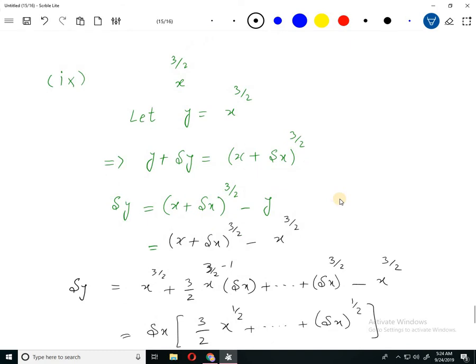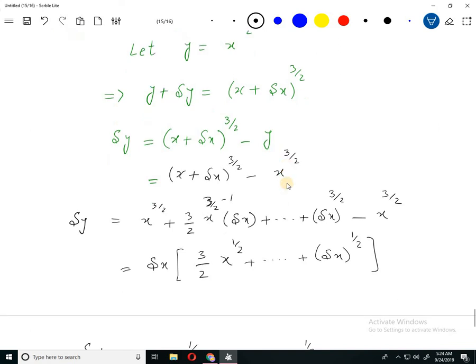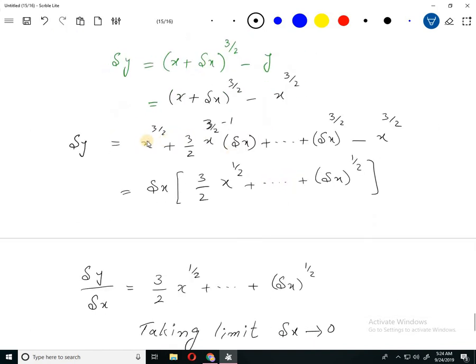This is the next question, which is the ninth part of question 1. Again, let y equal the whole function, taking increment on both sides, y plus delta y equals (x plus delta x) raised to power 3 by 2. Then delta y becomes this one, replacing y by its value up here and applying the binomial theorem again.